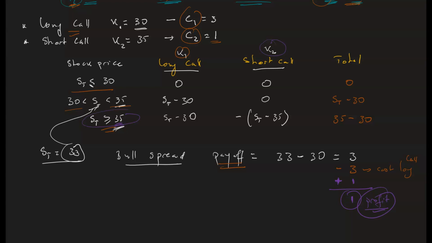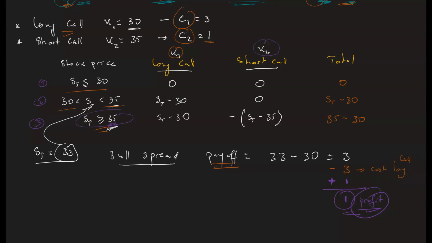Now, what we can do with this data that we have on the profit is we can generalize what the profit would be for each one of these scenarios, 1, 2, and 3. So what would that profit look like? Well, remember, we are buying a call. We have the payoff. These are payoffs.